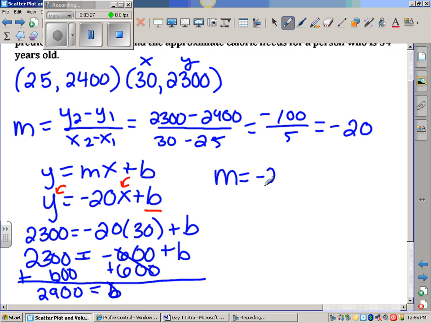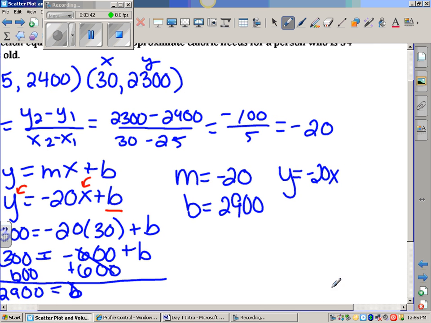You got m equals negative 20, so the slope is negative going down, and your y-intercept is 2,900. By putting those 2 values together, you get the linear equation y equals negative 20x plus 2,900. There's your answer to part A.